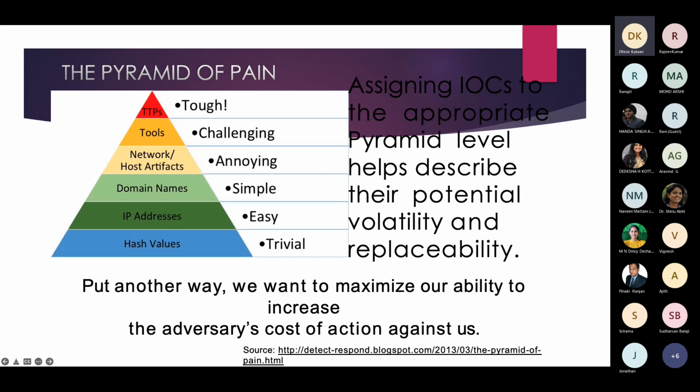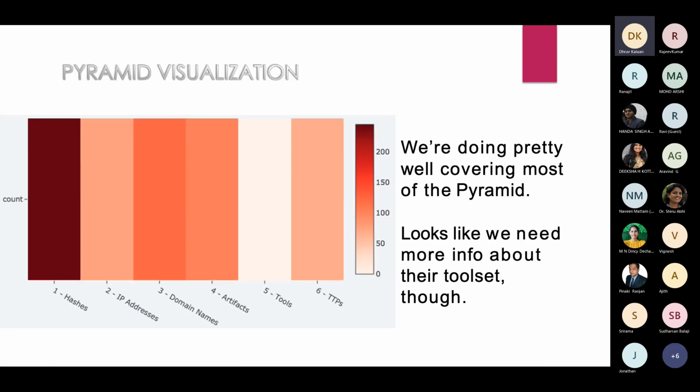Now, we've taken the pyramid itself and mapped out the amount of data we have for each step. I have a lot of hash values, I have a lot of IP addresses, but I do not have information about the tooling of, say, a specific attacker or specific adversaries who want to attack me, right?